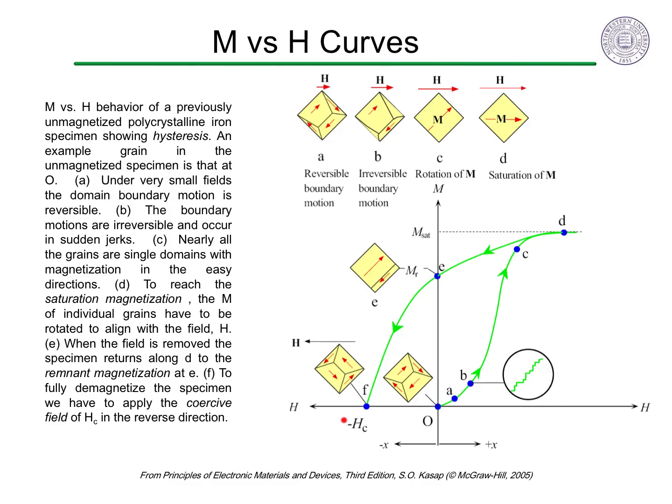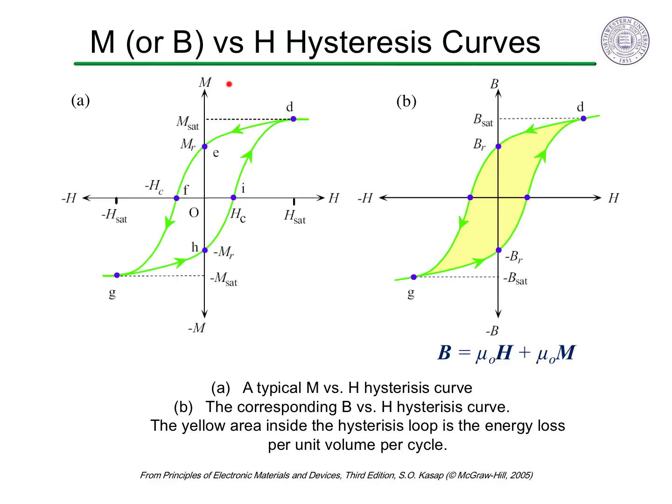This is called the coercive field. The pinning of domain wall motion leads to the curves for increasing and decreasing field to be different, which is called hysteresis. The M or B versus H curve is often called a hysteresis curve.